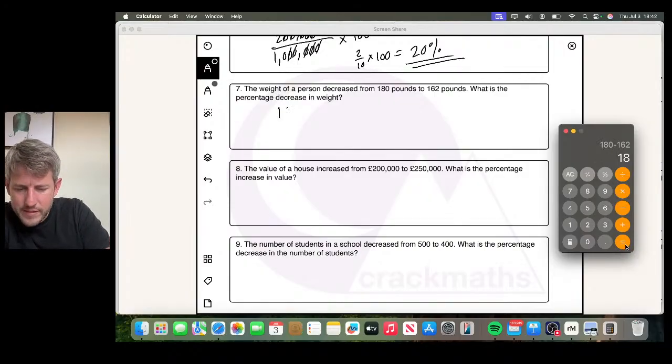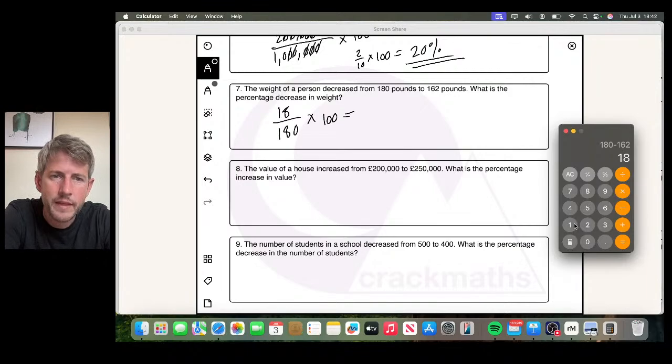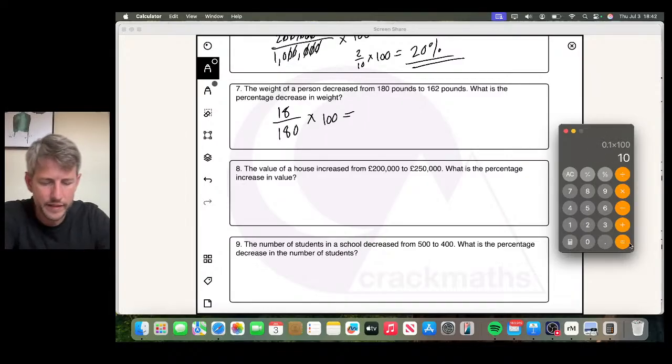So that's going to be 18 out of the original amount, which is 180, and then we'll times that by 100. So 18 divided by 180, times by 100, is a 10% decrease.